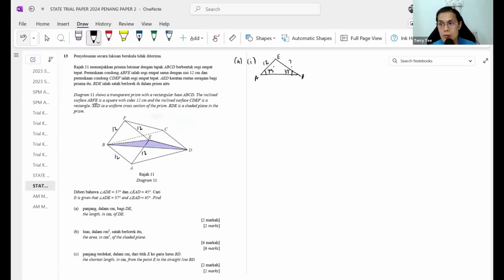So here we can use sine rule. Remember, sine rule comes in pair. We can write your ED first, whatever I'm finding, right on top, divided by sine of the opposite angle, which is 45, equals 12 divided by sine of the opposite angle, 37. Find ED.